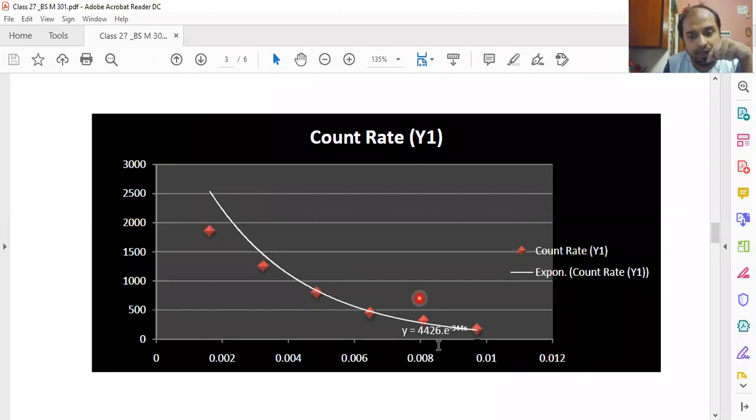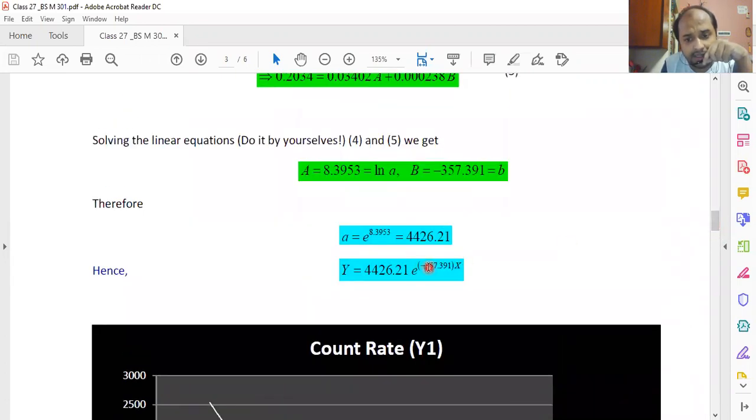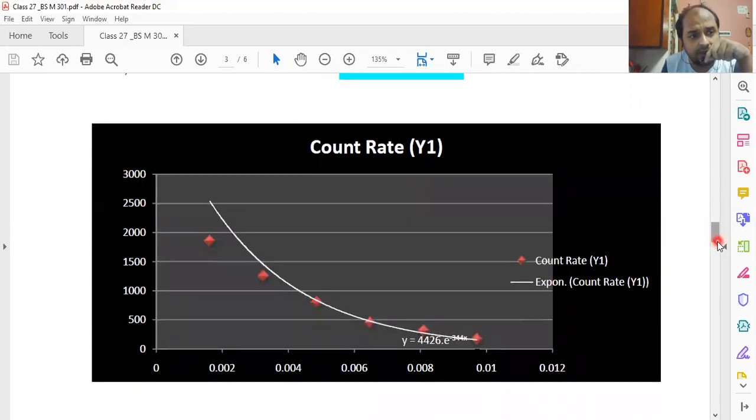So we have got our equation, 404. You see, the equation has been calculated, and probably you are seeing that the value of b was obtained as minus 344, but here we have got the value as minus 357.391. This happens with the software because software cannot deal with continuous things. It deals with a kind of simulation.